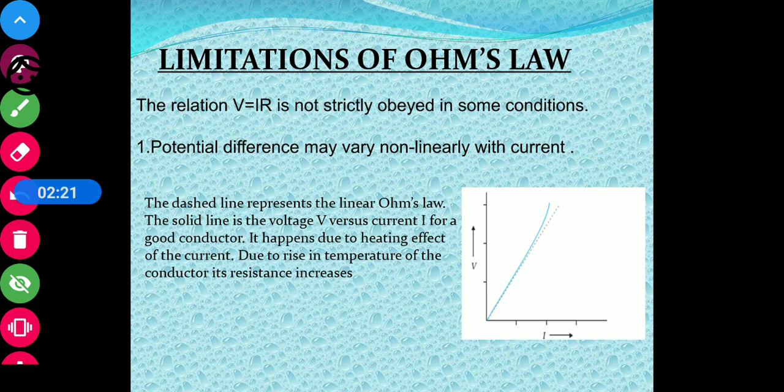Since it is curved towards the upper side, it shows that the resistance of the conductor has increased. When the temperature increases, the resistance of the conductor increases and the slope increases. So when the temperature increases, V is equal to IR is not followed.